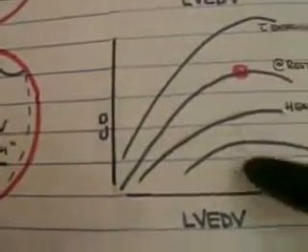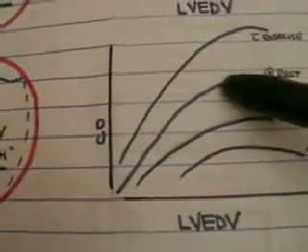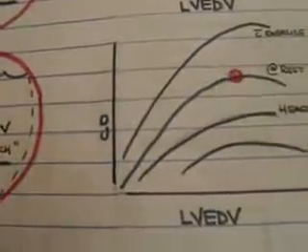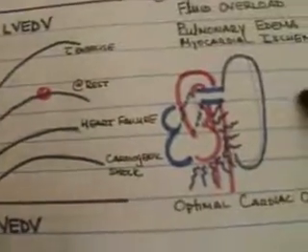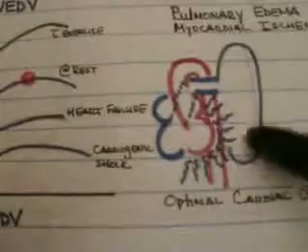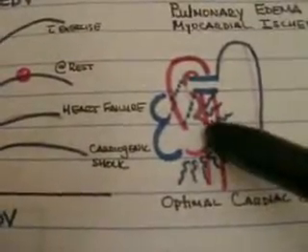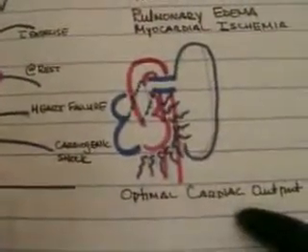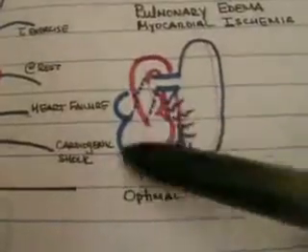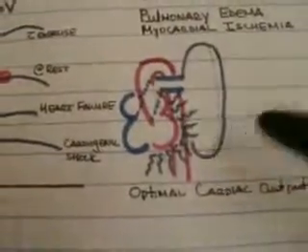And as we saw here, the patient's going to have an optimal cardiac output. With an adequately contractile left ventricle, the heart's going to be able to perfuse all the vital organs adequately.